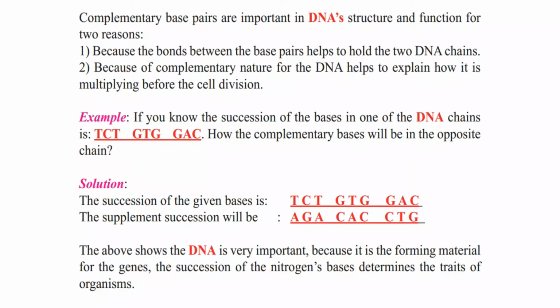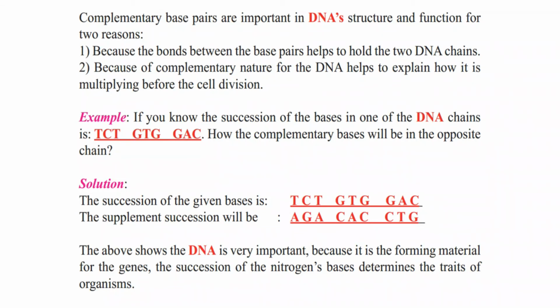Complementary base pairs are important in DNA structure and function for 2 reasons. First, the bonds between the pairs, which are hydrogen bonds, help to hold the 2 DNA chains together, and second, the complementary nature of the DNA explains how it multiplies before cell division. We know that in the interphase stage the DNA is duplicated.